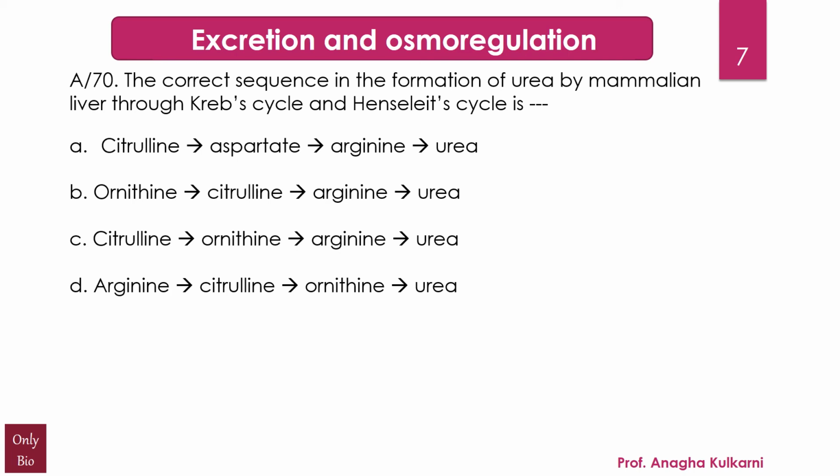And the correct answer for this question is B. That is ornithine resulting in the formation of citrulline, then arginine, and then urea.